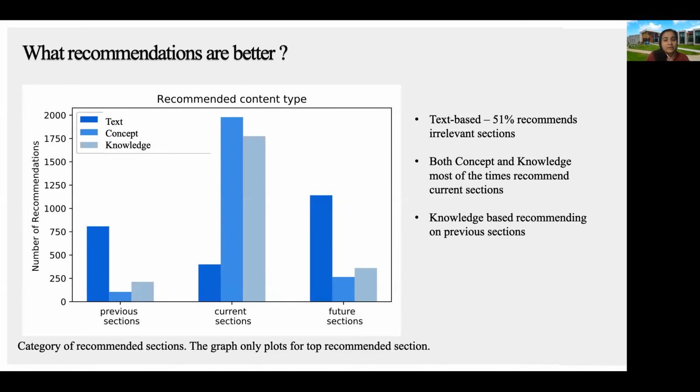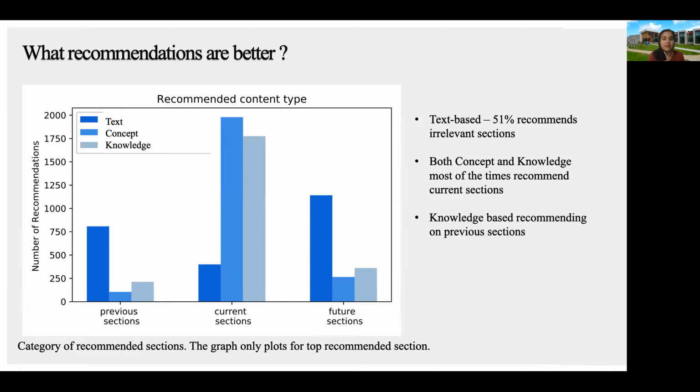Next question is, which recommendations are better? To understand this, for each question, we divided the sections into three parts: previous sections, current sections, and future sections. Current sections are sections which students are learning or which students are performing this quiz on.